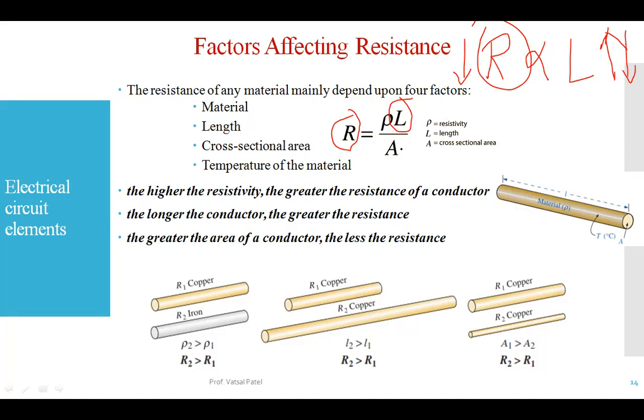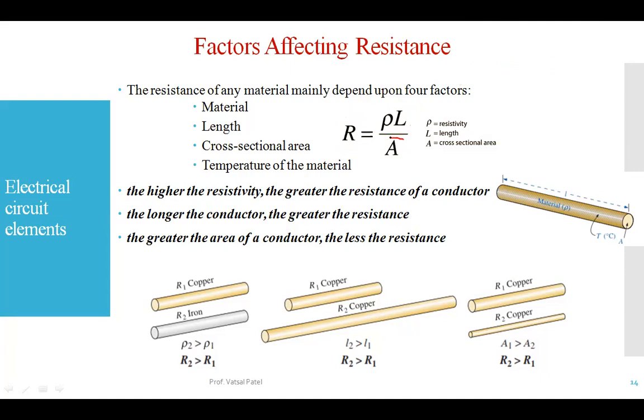And now the third parameter: the resistance is proportional to 1 by A. It is an inversely proportional relation. So if I increase the cross sectional area, the resistance will decrease. Or if you decrease the cross sectional area, that will increase the resistance value. So it is the vice versa process.